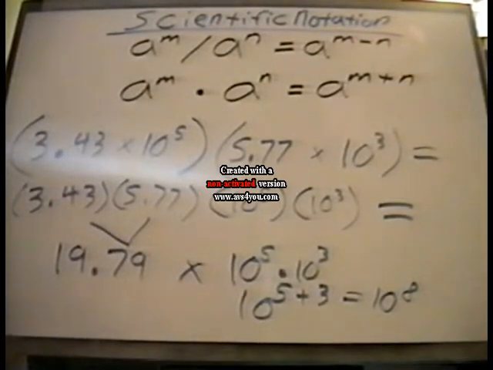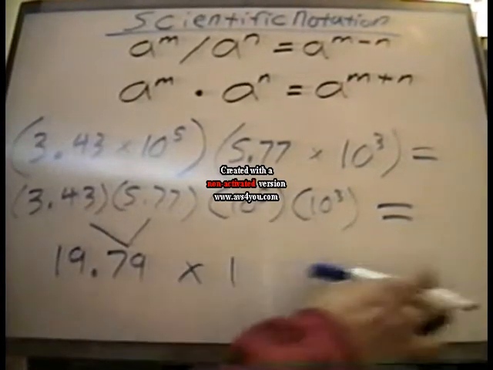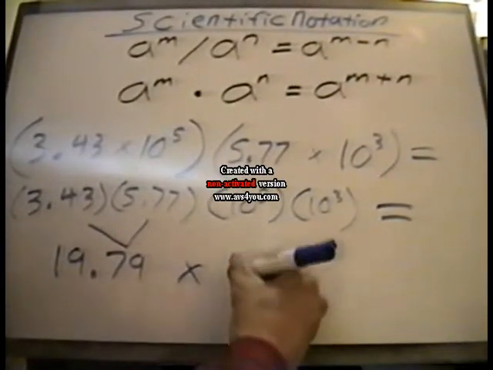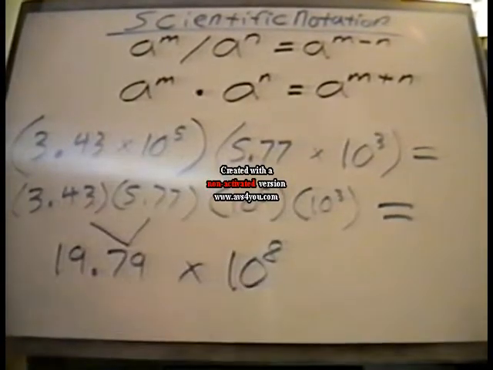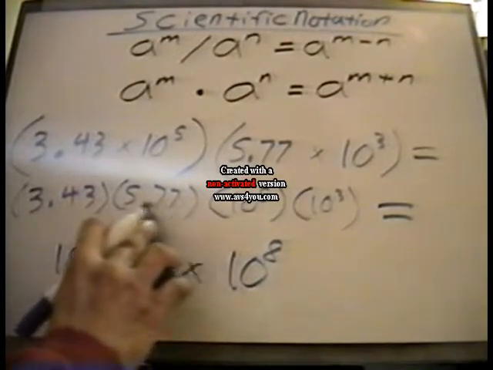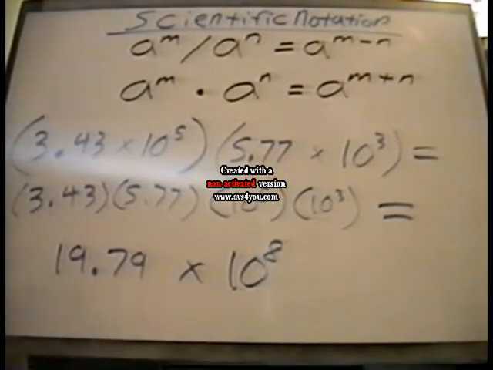Okay? So we place that here. So that's our answer. That's how you deal with scientific notation numbers. You multiply them to multiply them or divide them.